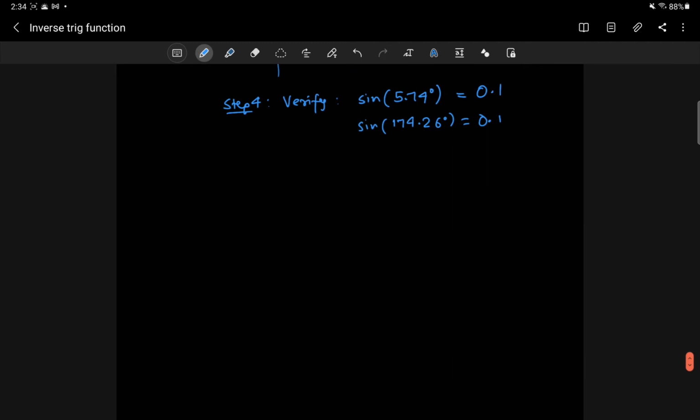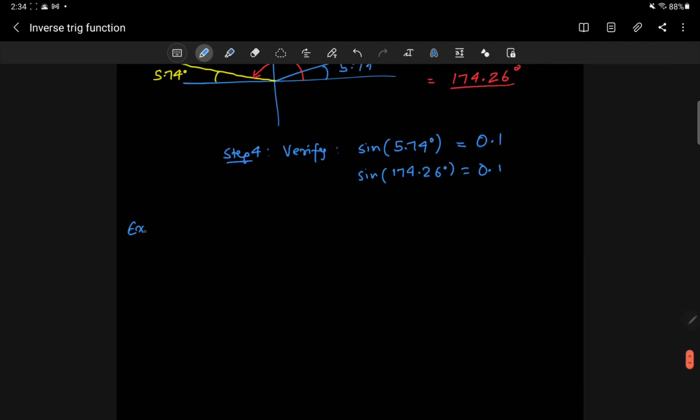Now let's look at an example which is with a negative number. So same question for tan theta equals -2. So step 1 is the calculator.